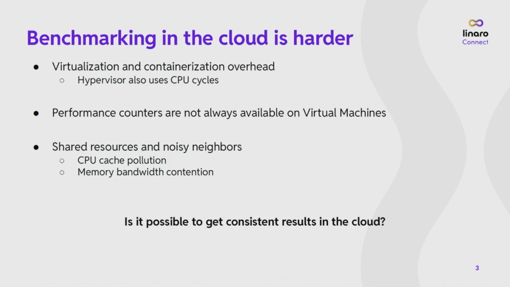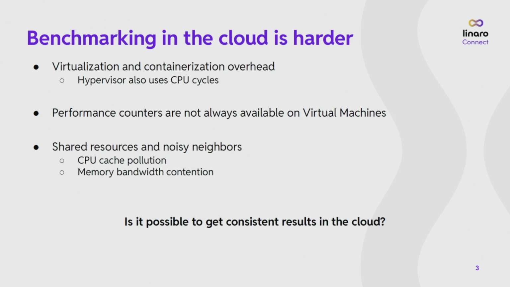Also in the cloud, a benchmark is usually running in an environment with shared resources. So our cloud instance may be running together with processes from other users, and this can cause interference. Even when the other processes are assigned different cores, there still can be some interference between them.